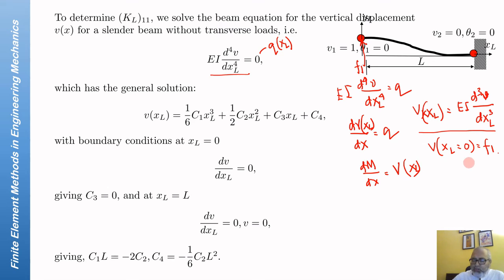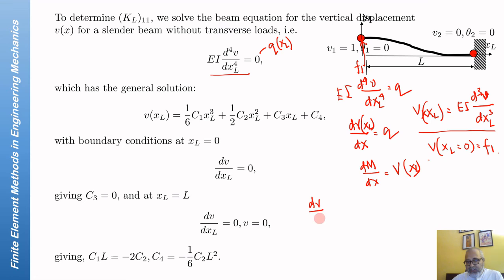Now also remember that at xL equal to 0, v is equal to V1, the degree of freedom at this first node. But first let us see what this equation gives us. We take three derivatives here.